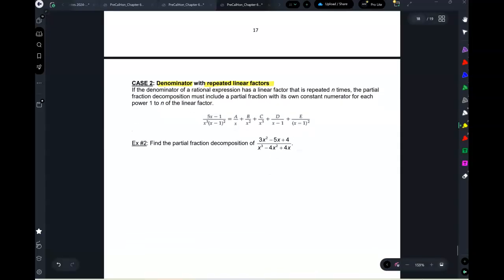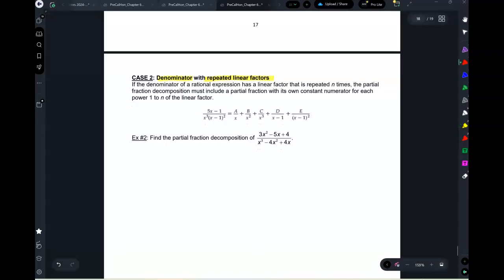This is 5x minus 1 over this mess. So what do we have here? We have x cubed, which is really x times x times x. And then we have x minus 1, x minus 1. So do you see in the red, I have a linear x that's repeated 3 times?